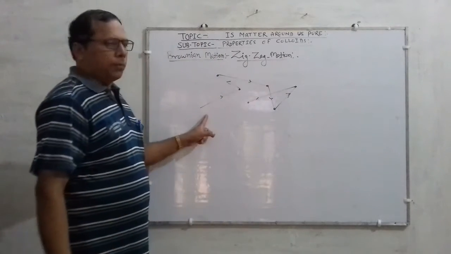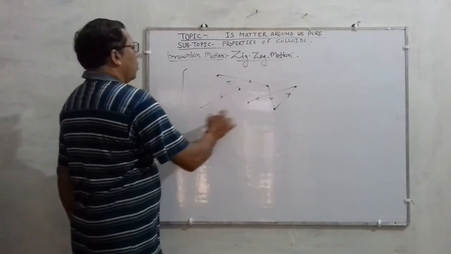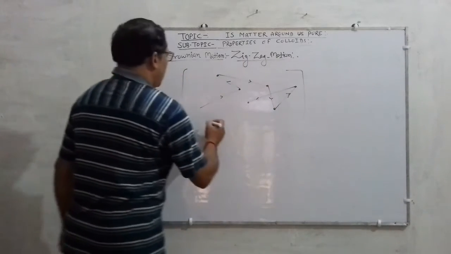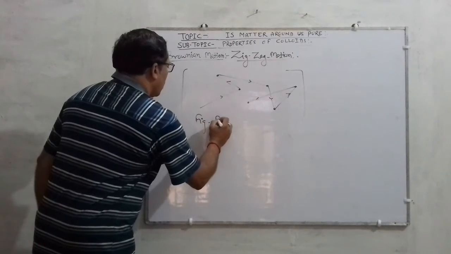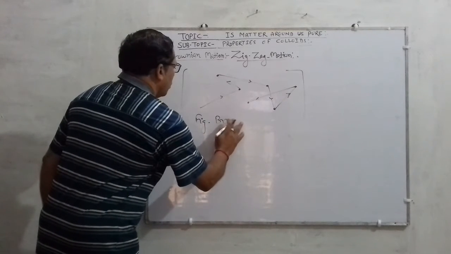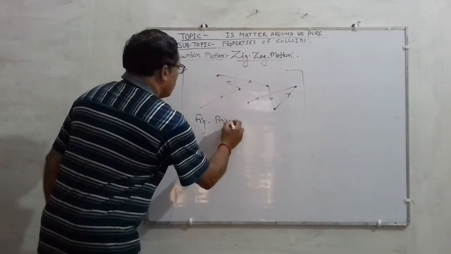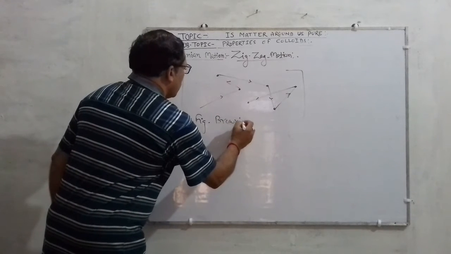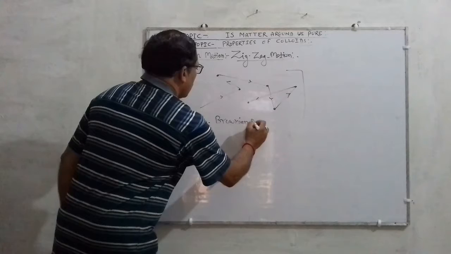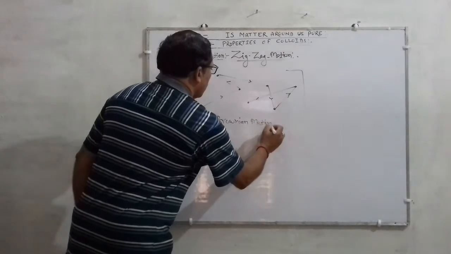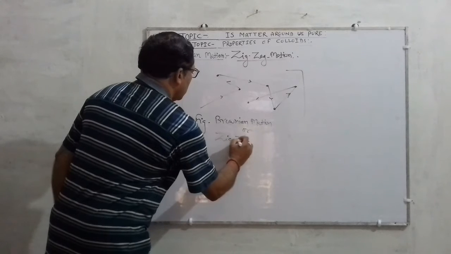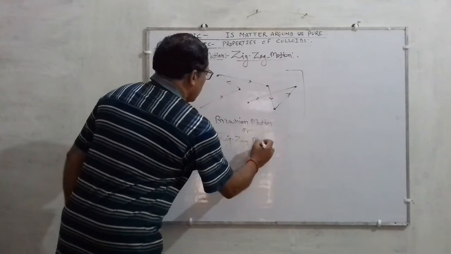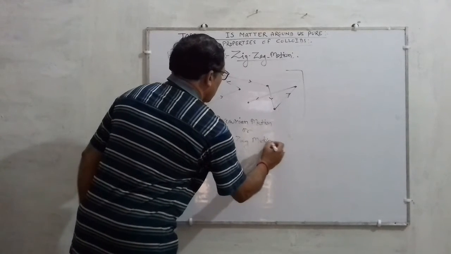So this type of movement of colloidal particles in a colloidal solution is called Brownian motion, or it is also called zigzag motion.